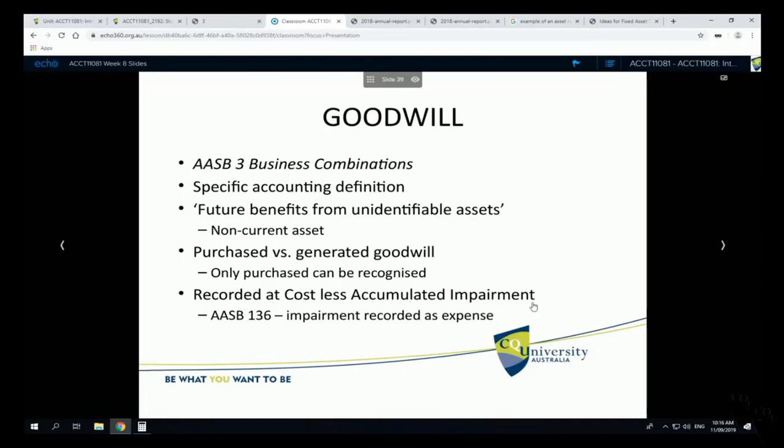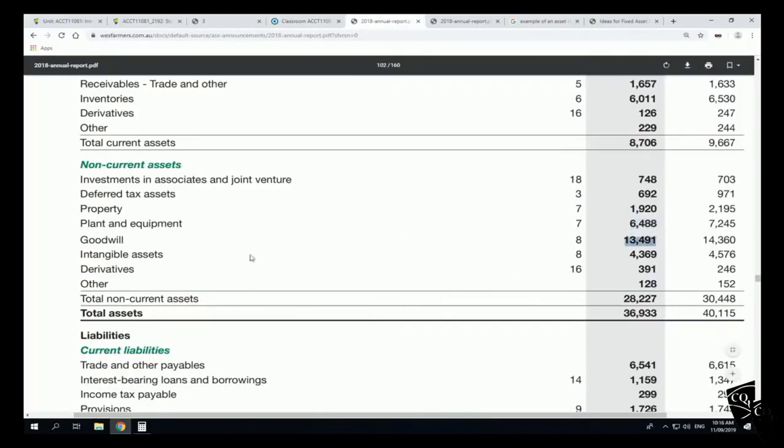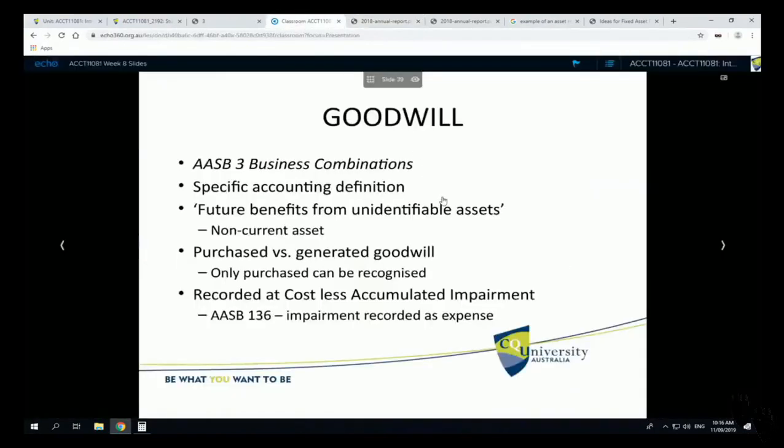So we don't amortise goodwill. We used to back in the day. We don't anymore. We just test it for impairment. Again, a very nice grey area and really, really interesting discussions. How do you impair goodwill? Okay, so some good topics you can pick up on and discuss in your workshops. So for me, goodwill is a very large portion of Wesfarmers' non-current assets.